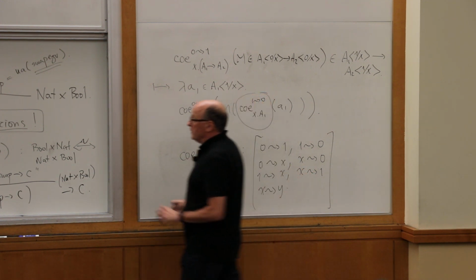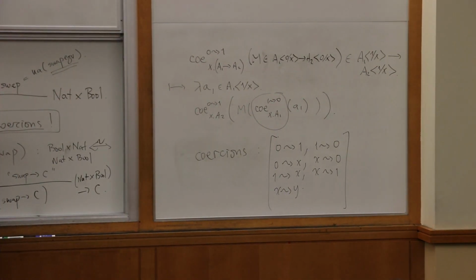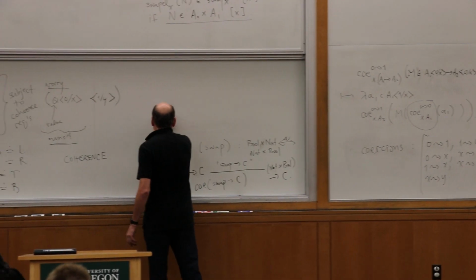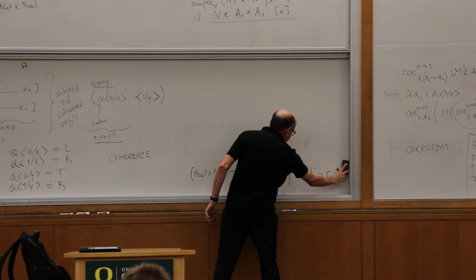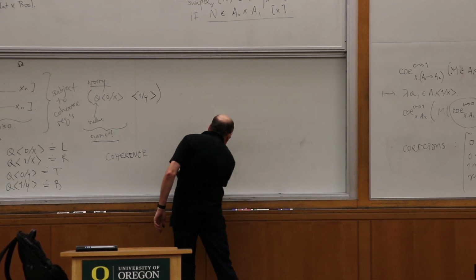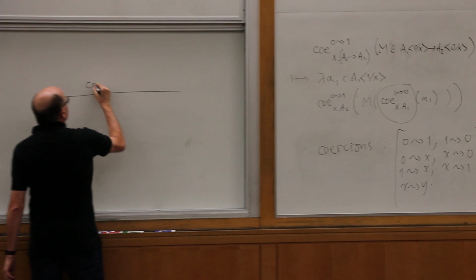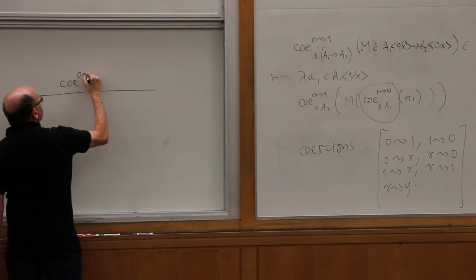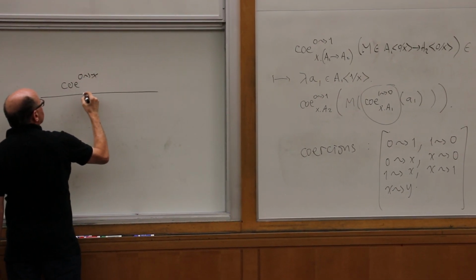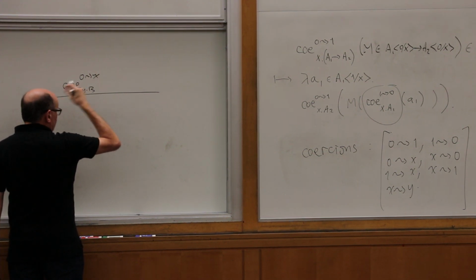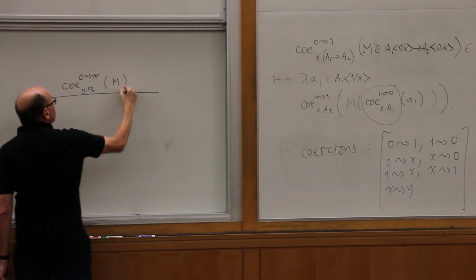In fact, it's the reason why the elements of the swap type were defined the way they are. And I'll just draw the picture like this. If I look at COE, let's say 0 to x, in some type, y dot b here, this is what I want, I think. Let me think about that.